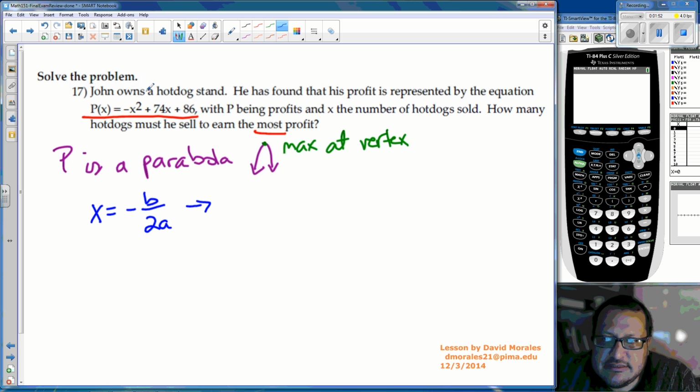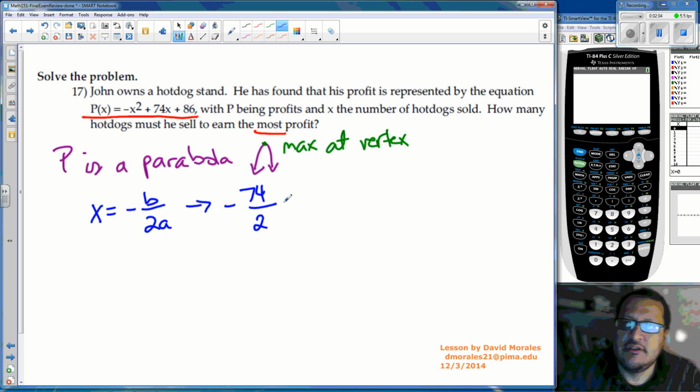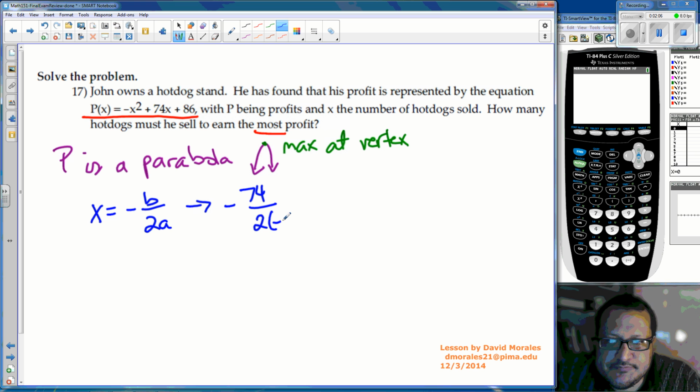And in this problem, this is negative 74 over 2 times negative 1. So this becomes 74 over 2, which is 37.